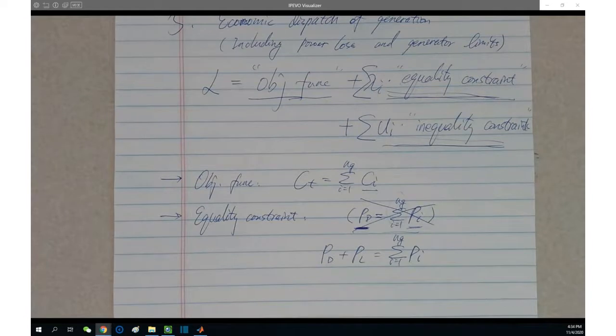Loss means not only fulfilling the requested power from the customer, but also counting in the loss. Together, the sum of these two belongs to the responsibility of the consumer entity. So your generated power needs to fulfill the sum of both. This is an equality constraint involving the power loss.